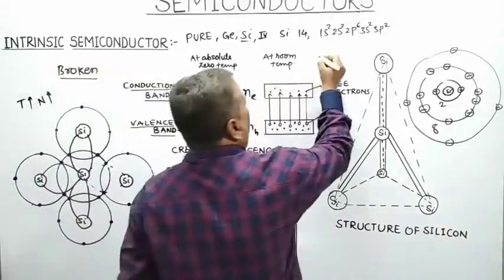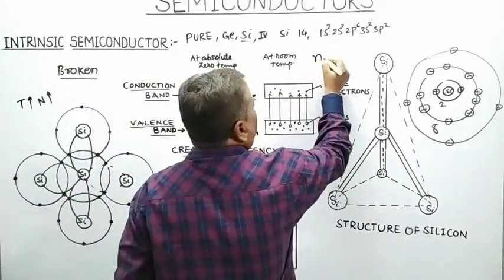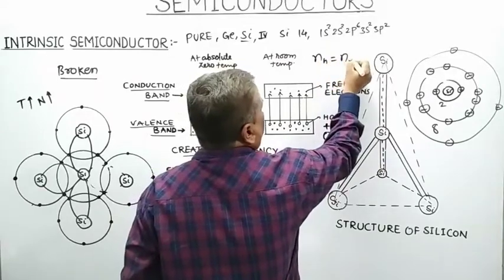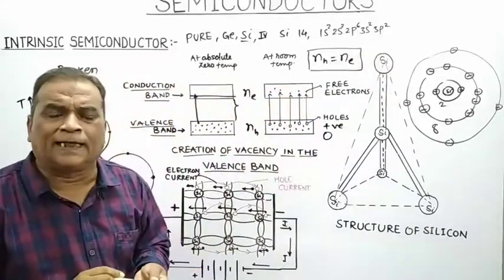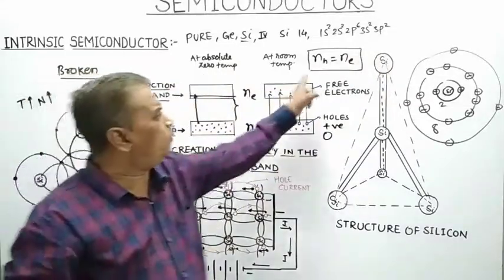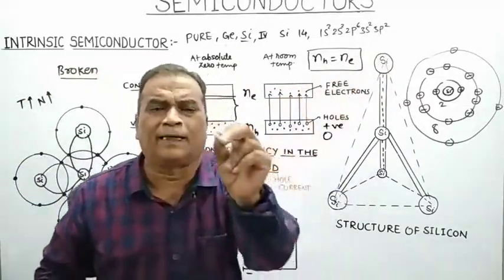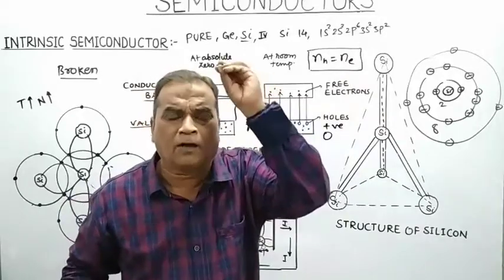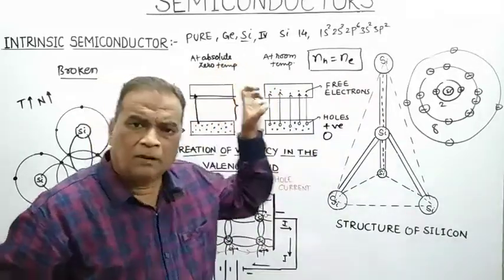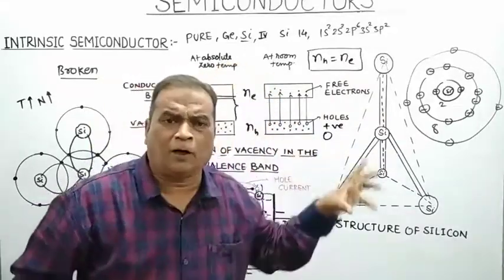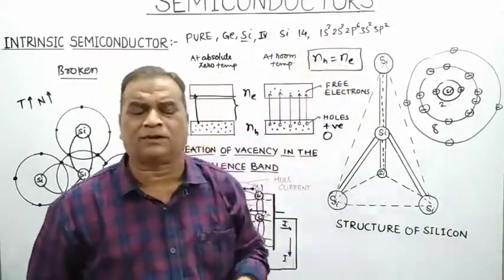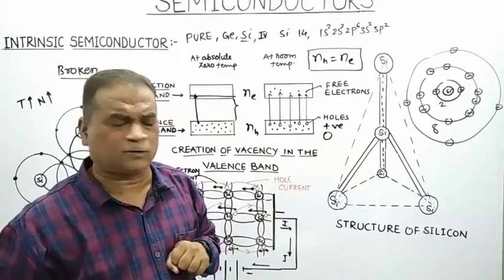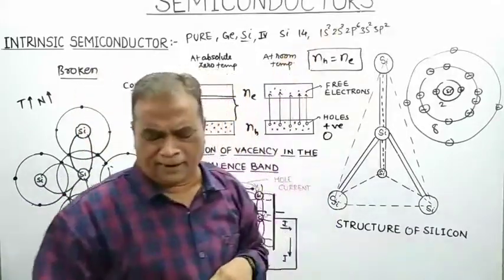So in case of pure semiconductor, that is intrinsic semiconductor, NH must be equal to Ne. That is, number density of holes is equal to number density of free electrons. So this is about a pure semiconductor.